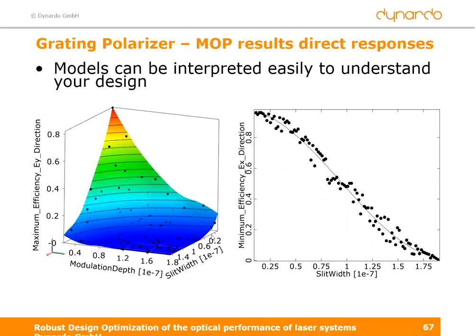Here you can see the models. So the maximum efficiency in Y direction has this shape, and the minimum efficiency in X direction like that. It's a kind of linear or quadratic model, quite a simple model.